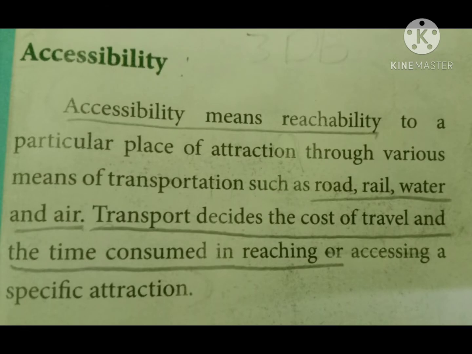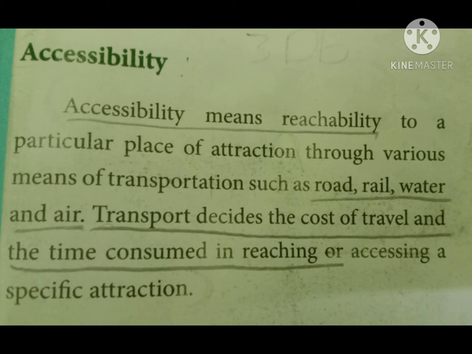Next one is accessibility. Accessibility means reachability. If the place is very attractive, but it is too far away from us and takes much time to reach, it will reduce the attraction and interest. So that place must be accessible to the traveler.